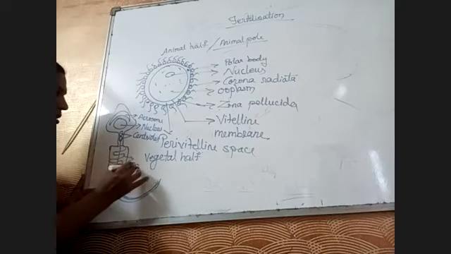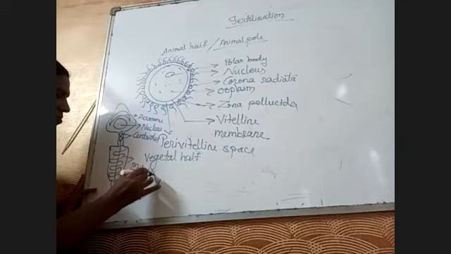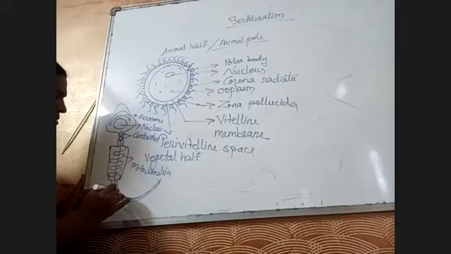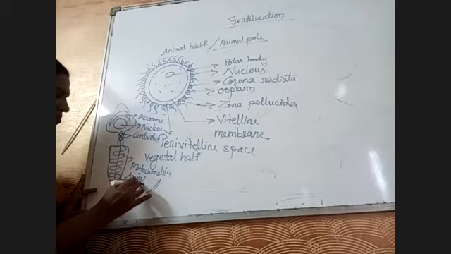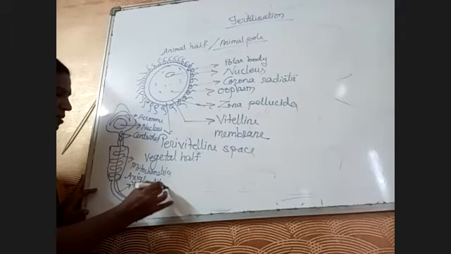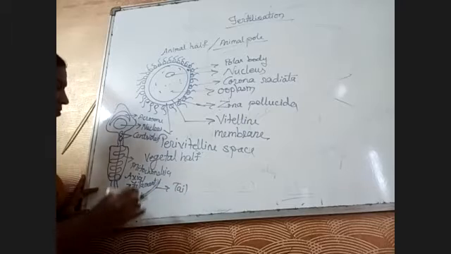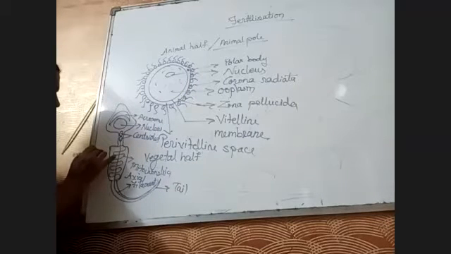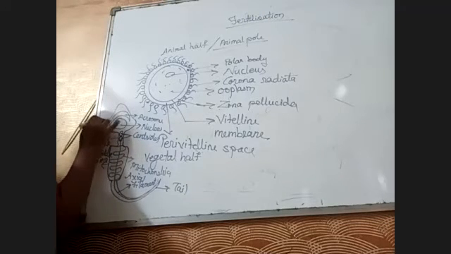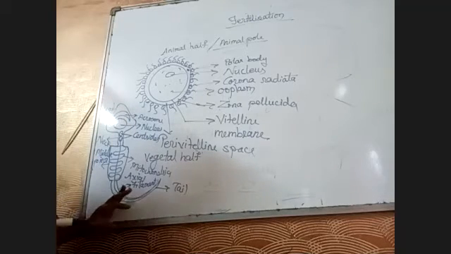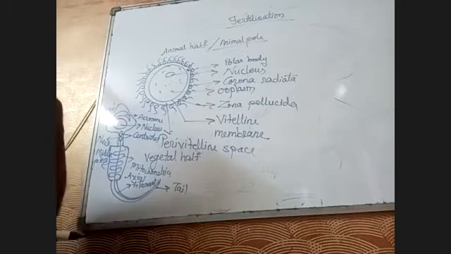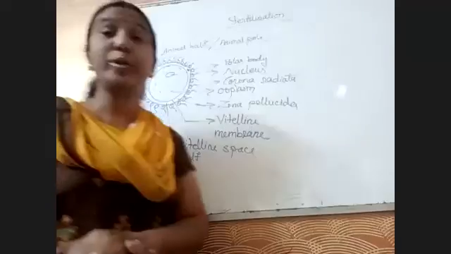This is the mitochondria. Axial filament. This is the frill. This is called the middle piece. This is the tail and this is the head. I have explained all these features when I taught about the male reproductive system.